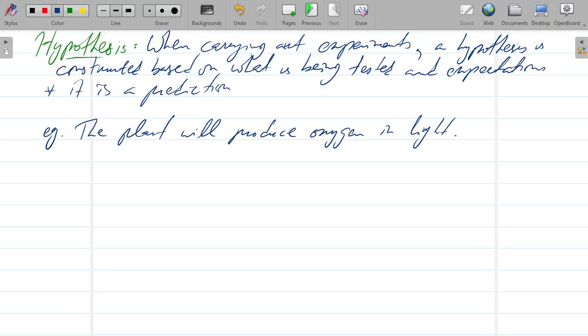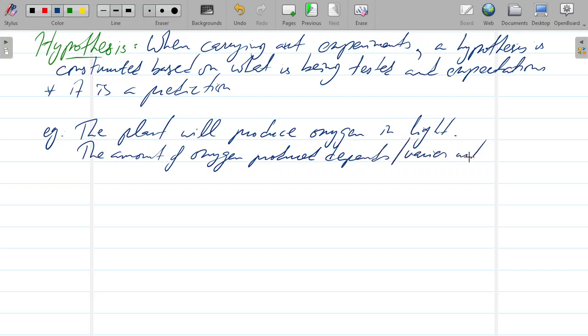And then, to carry on, you could have a second one, that the amount of oxygen produced depends or varies with light intensity. So these are hypotheses in that case. So plural, hypotheses.